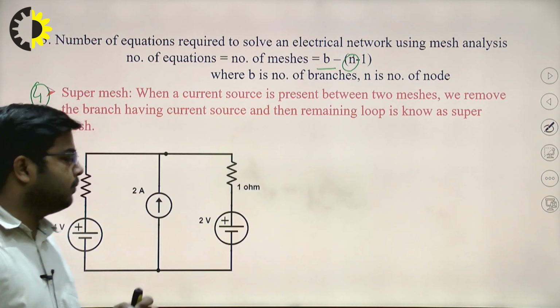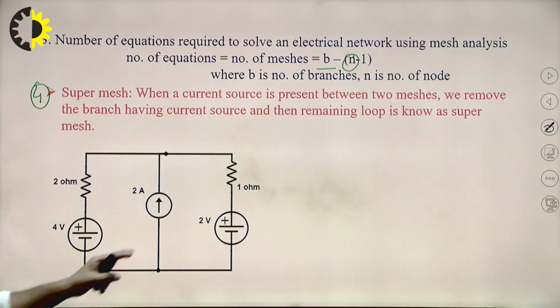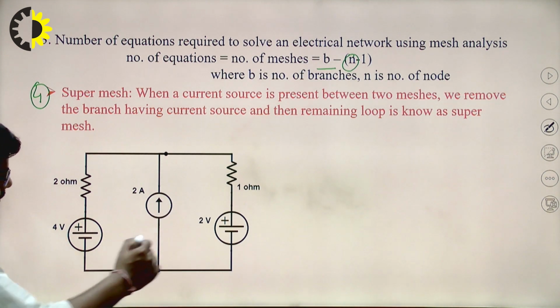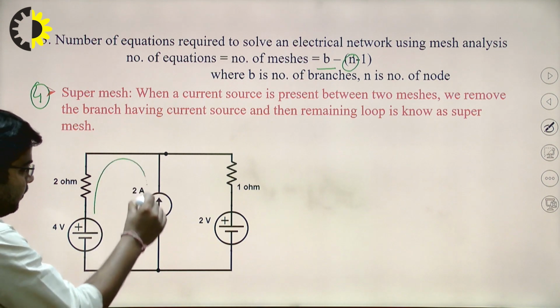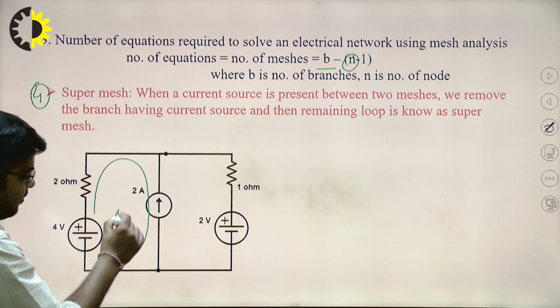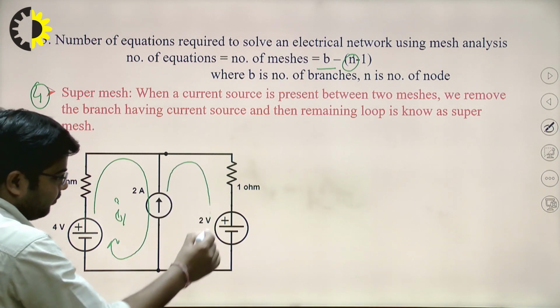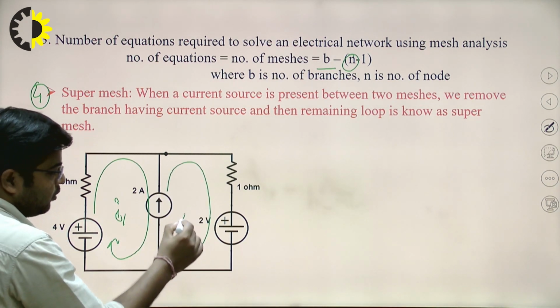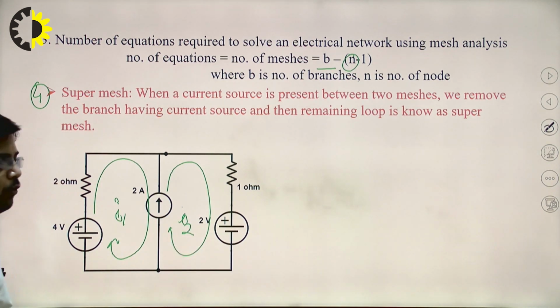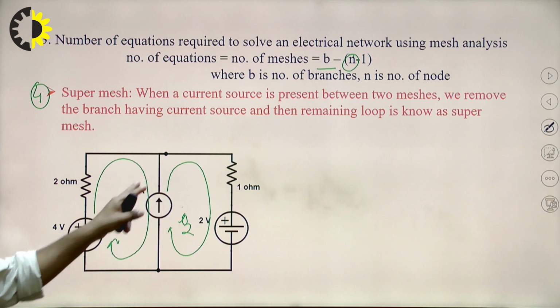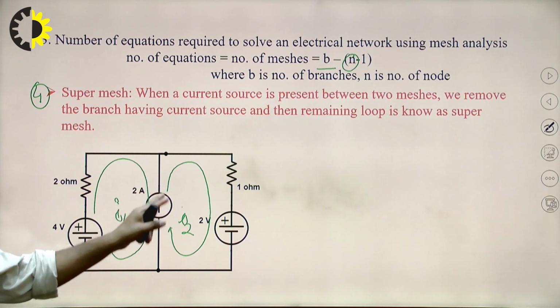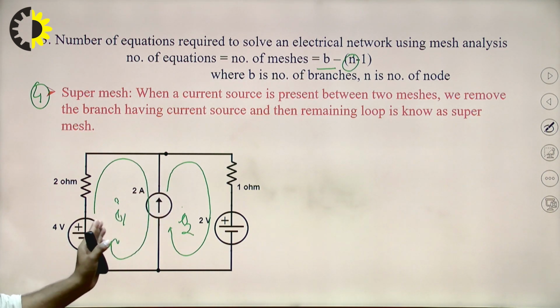So here you can see this circuit. In this circuit, how many meshes are there? This is mesh 1, with mesh current I1 suppose, and this is another mesh, with mesh current I2. But you can see there is a current source between mesh 1 and mesh 2.